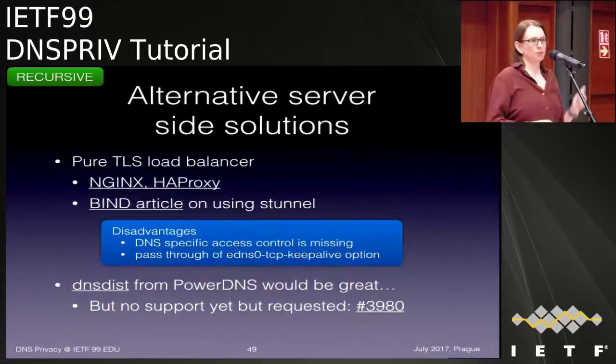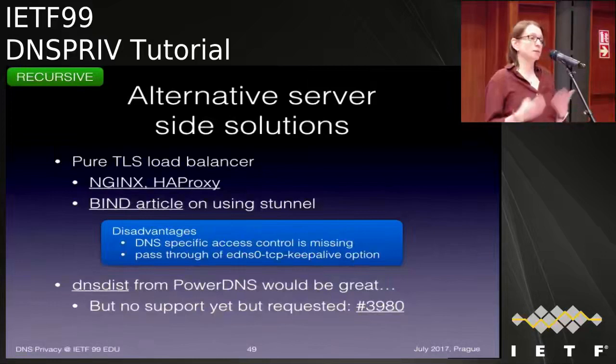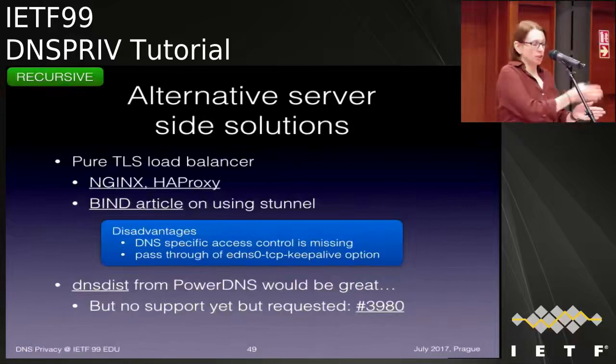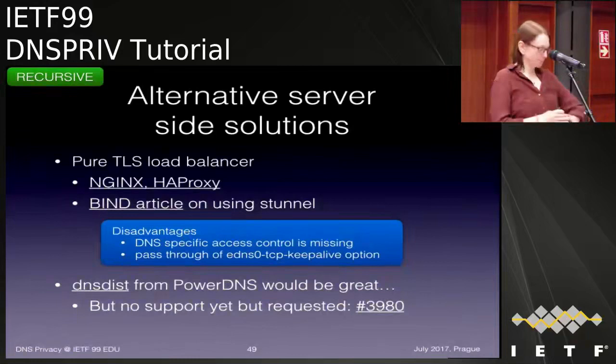Additionally, it means that the source IP address of the query doesn't make it to the server. So some of the features in the DNS server, like ACLs, can't work effectively because they don't know where the queries are from. Everything looks like it's coming from the proxy. And there are actually some drafts proposing mechanisms to mitigate that and pass information from these general proxies to a server.